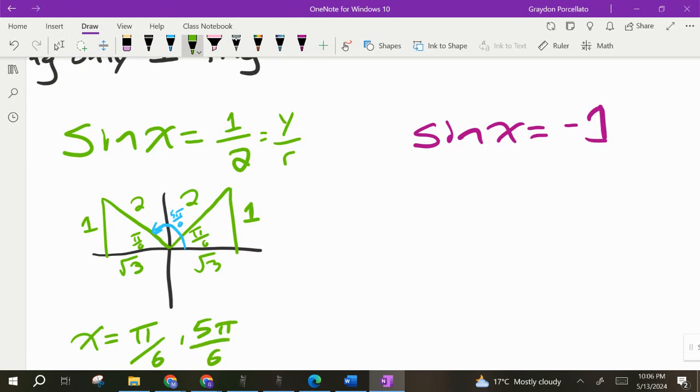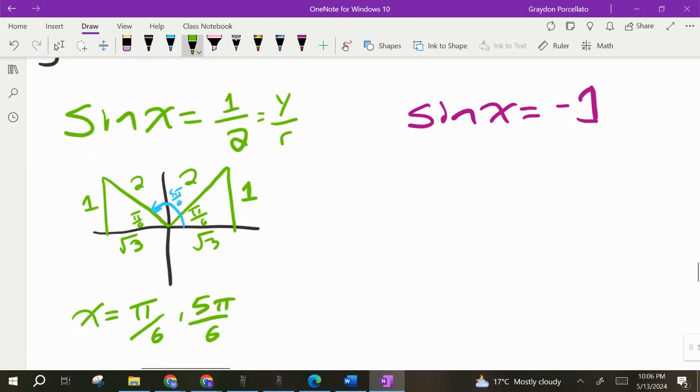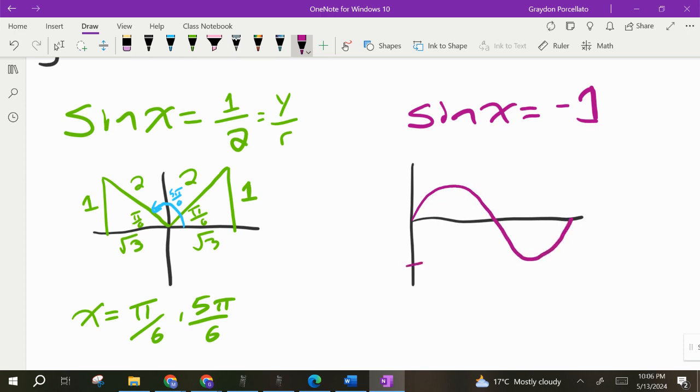Again, continuing without a calculator here, if I think of this one in terms of the sine graph, I always like to do it this way. My sine graph looks like this. Where is sine negative 1? Well, that's right here. And what is that value? Well, we can count here. This is 2 pi.